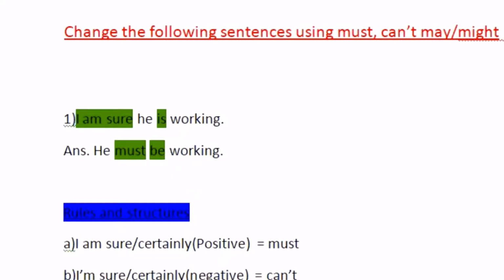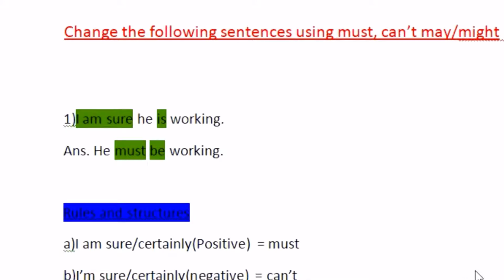Option B there. If you say I'm sure, certainly, certain, and if the sentence is negative, you have to use can't instead of must. You got the point? Option C there.